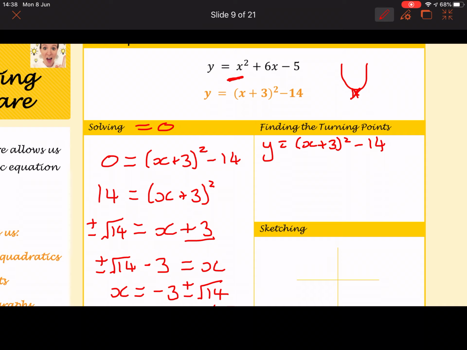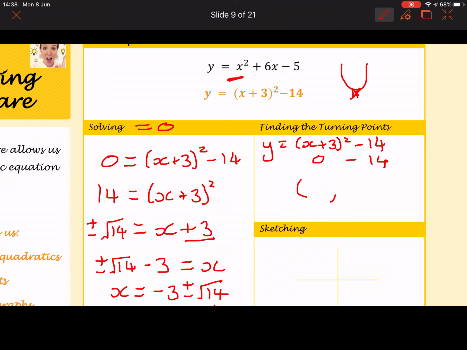So is 0 the smallest I can get? What if x was minus 10? Minus 10 plus 3 is minus 7. But when we square minus 7, we'd get positive 49. So when you square something, it can never be negative. That means the smallest that bracket can be is 0. So the smallest y can be is 0 minus 14.